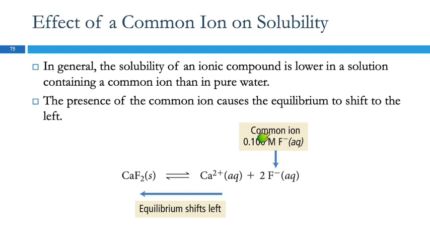If we add common ion to this, if we add fluoride, how does that affect the equilibrium? Well, it shifts it to the left, right? You add product, it shifts towards the reactants. So if you're dissolving this in a solution where there is already fluoride, it's just not going to go as far, and the solubility is less.